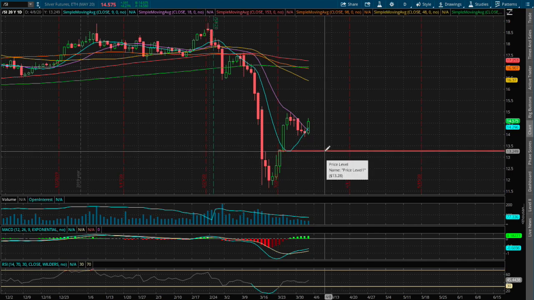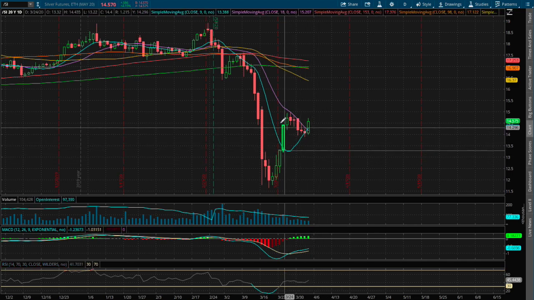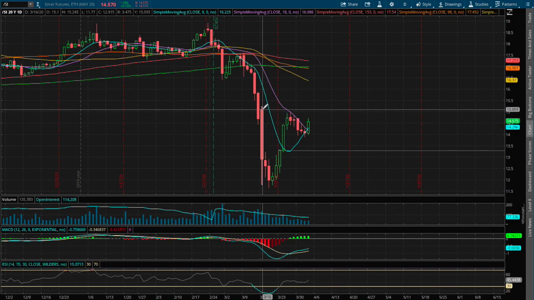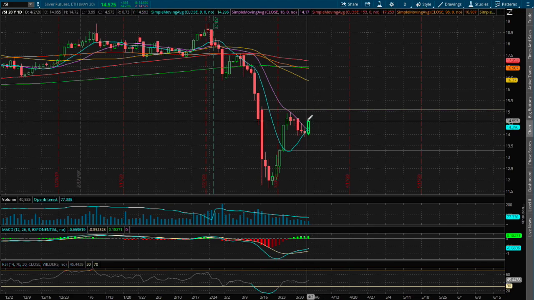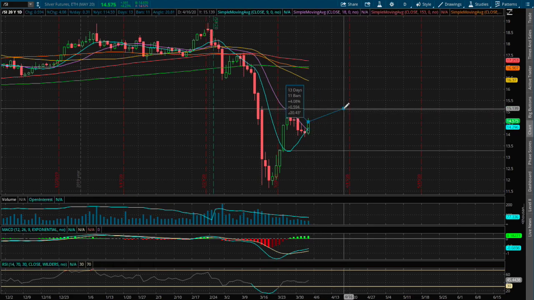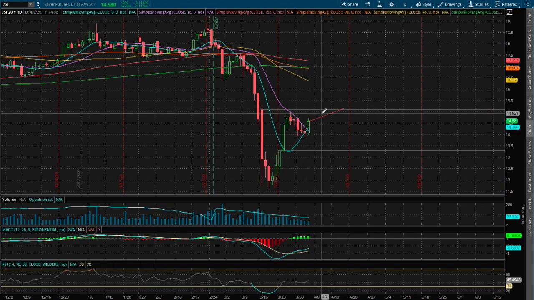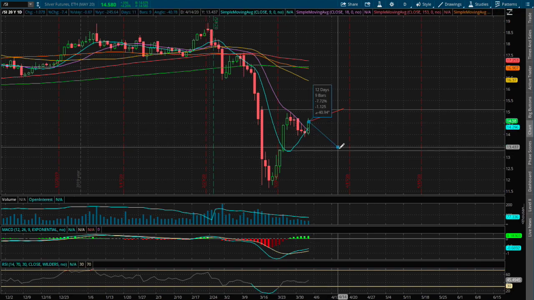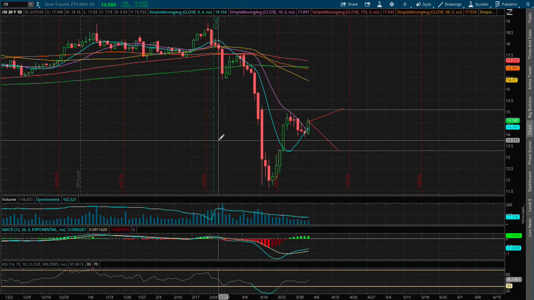And as for resistance, we had a resistance back on March 16th, and that is around a price of $15.10. So if we do manage to climb higher, that price movement is roughly around 4% to the upside, and to the downside it is around 8.7% to hit back to support.